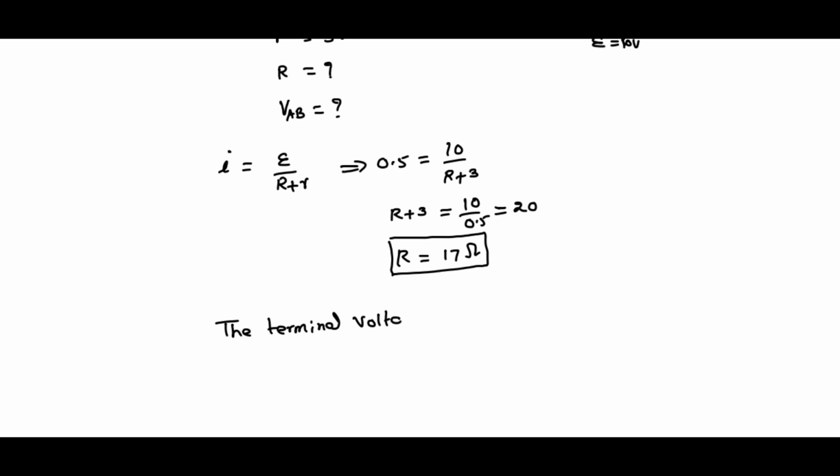Here VAB is equal to I into R. The I value we have is 0.5 and the R value is 17. So we will get 8.5 volt. So this is the terminal voltage of the battery.